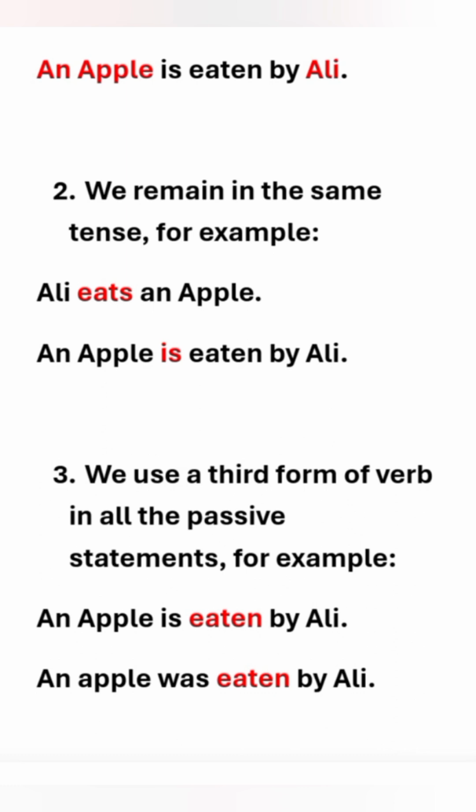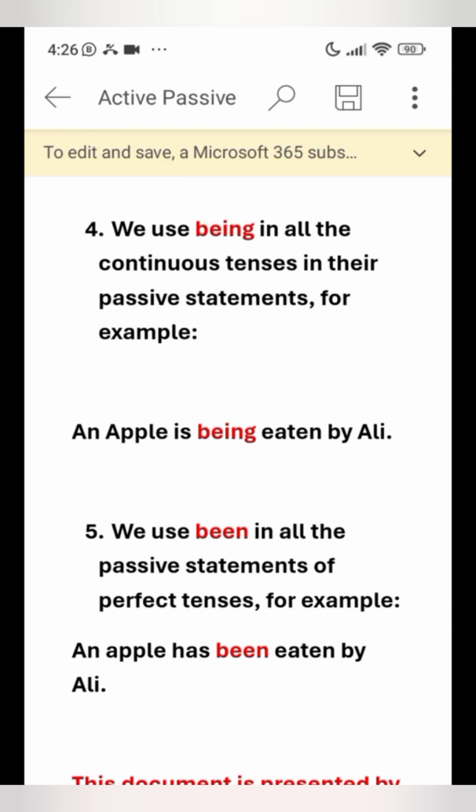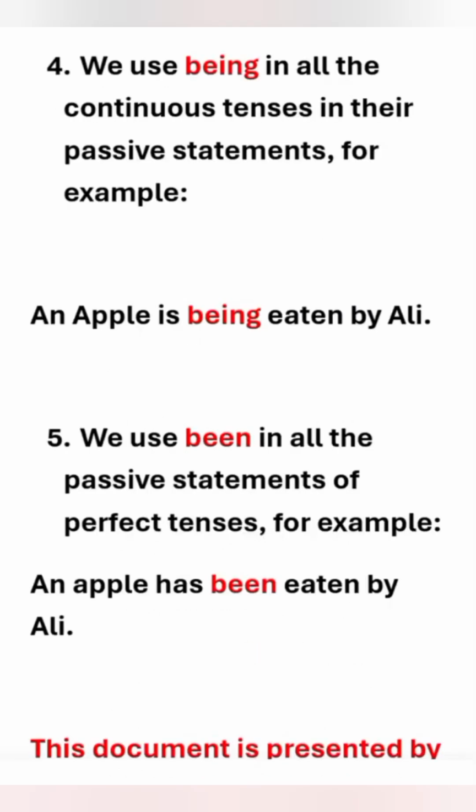Now let's move further. Now we're going to see the fourth rule for converting an active statement into a passive statement. We use being in all the continuous tenses and their passive statements. जितने भी continuous tenses हैं उनके passive statements में हम basically being use करते हैं. Being is like verb be plus ing. We all know that in continuous tenses we have present participle used as a verb.